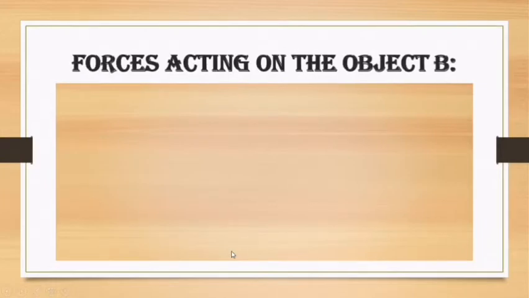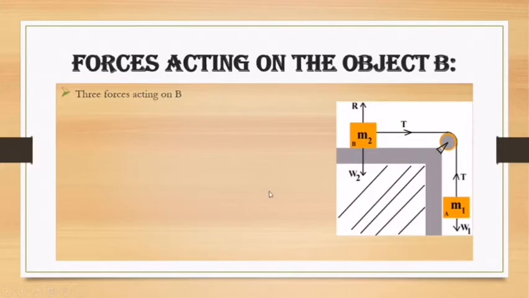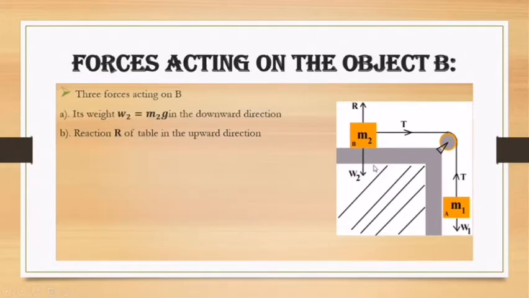Now we are going to calculate the forces acting on the object B. Since the object B is placed over a horizontal surface and its weight is acting in the downward direction, according to Newton's third law, there must be a reaction opposite to this weight, that is the reaction of this horizontal surface, and that is in the upward direction.